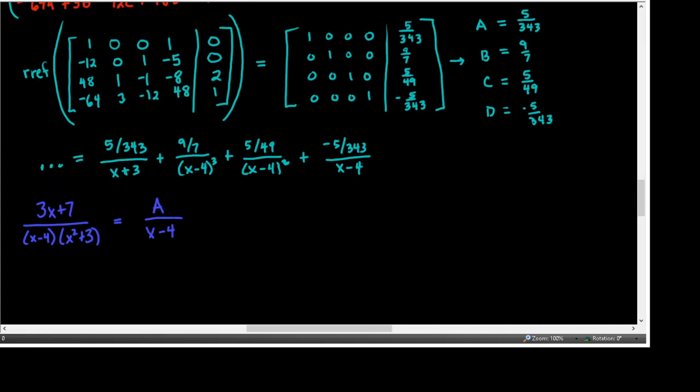Linear denominator means constant numerator, and prime quadratic factor in the denominator means that we have to have a linear numerator, so bx plus c. So I'm going to multiply both sides of this by the common denominator, x minus 4 times x squared plus 3.